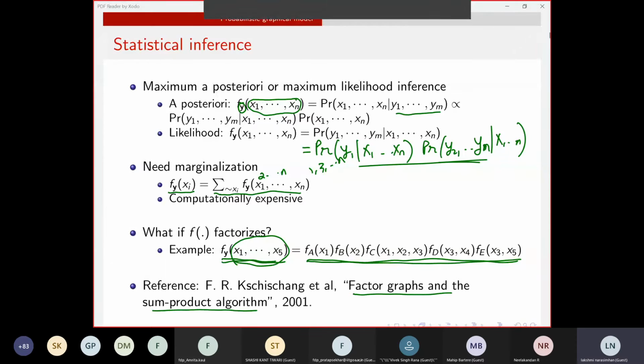So if y1 is independent of y2 to yn, then you can just factorize in this form. If not, we'll have to again apply Bayes theorem and then factorize this conditional probability using the Bayes theorem. So this factorization actually helps us to perform this inference very easily in a computationally less expensive manner.